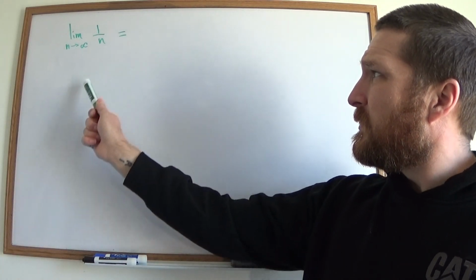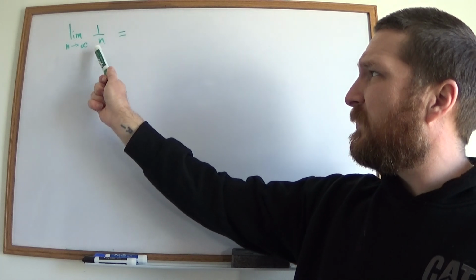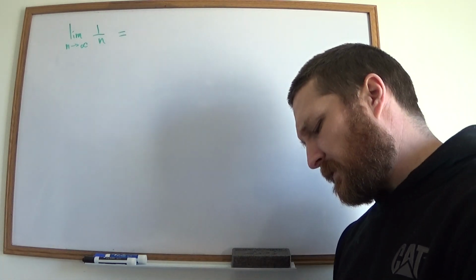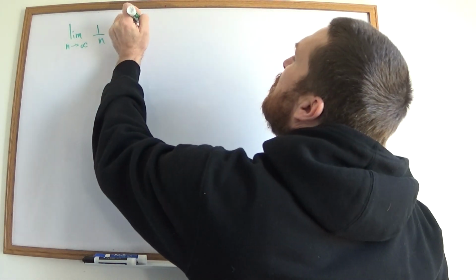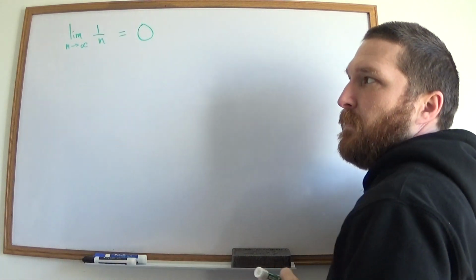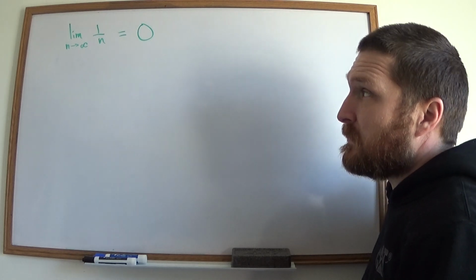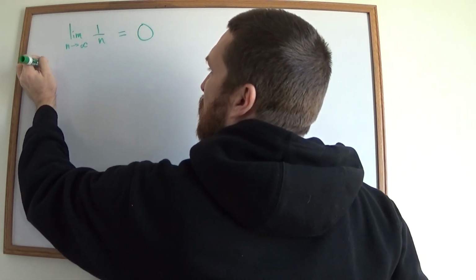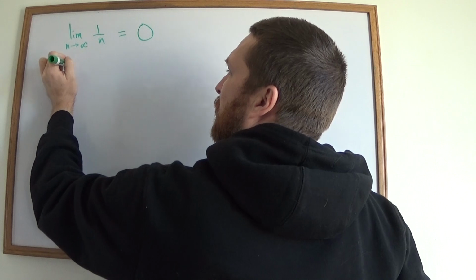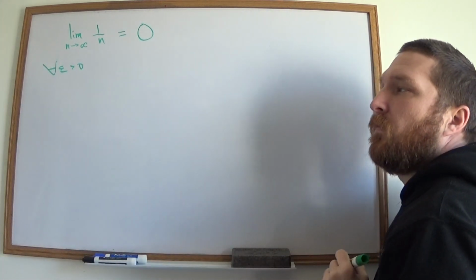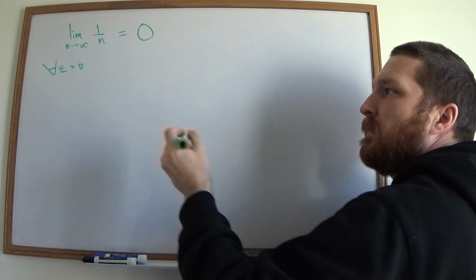Alright, pop quiz. The limit as n goes to infinity of 1 over n equals... That's right, big fat 0. Now what does that mean? Let's think about what this means. This says that you give me any tolerance, any epsilon bigger than 0.